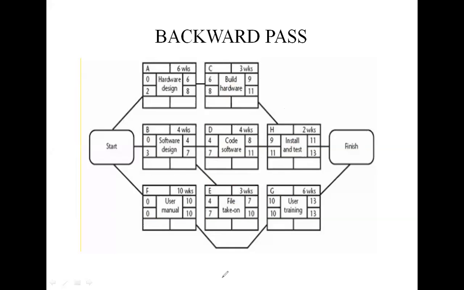The backward pass calculates the last date at which each activity may be started and finished without delaying the end date of the project. The end date of the project is 13 weeks.